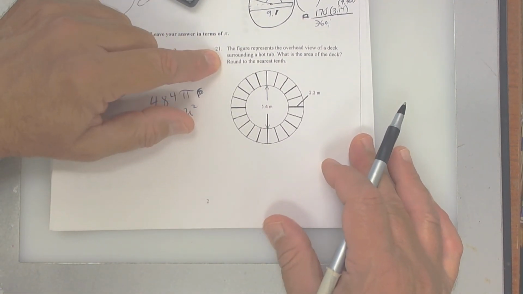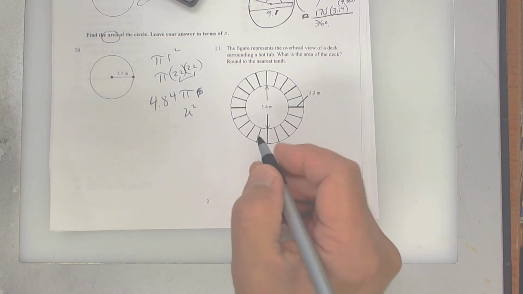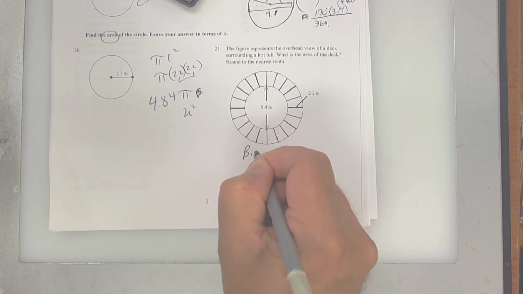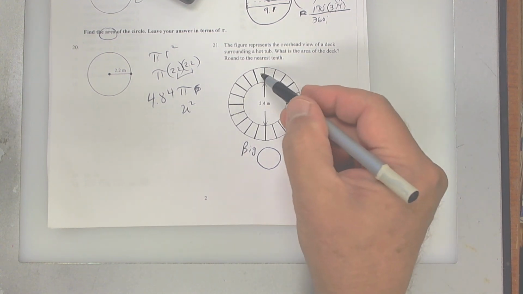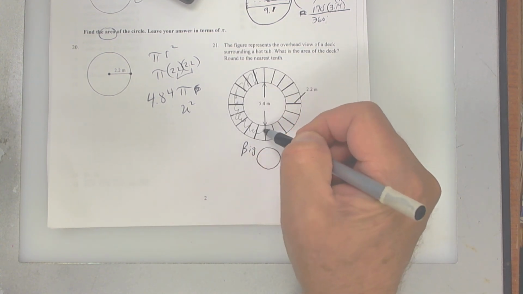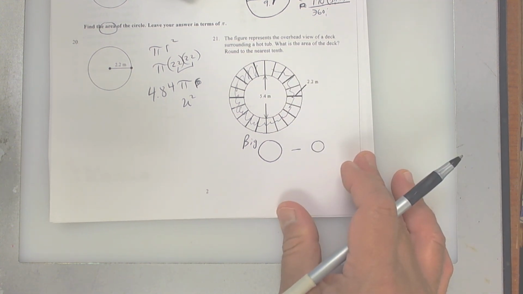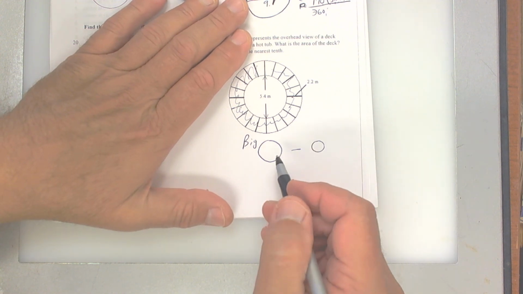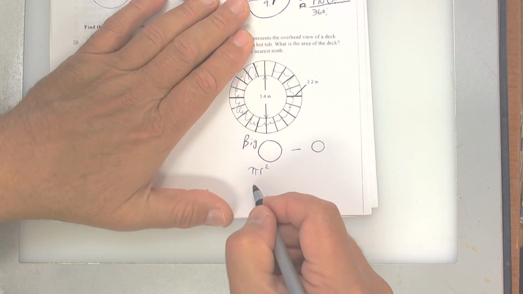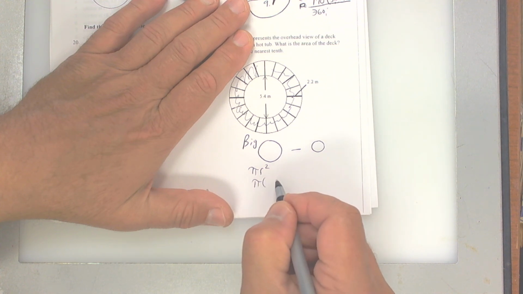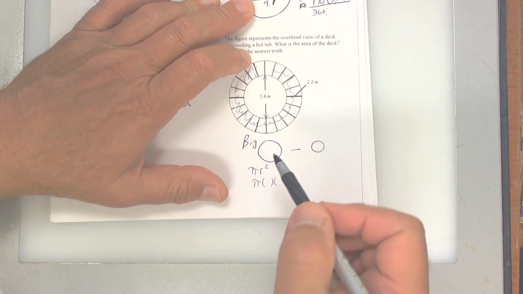Number 21, find the shaded region. The way you're going to do that is you're going to take the big circle minus the little circle, and that's going to give you the decking around this pool, okay, or the sidewalk. Anyway, so the big circle is going to be pi radius squared, okay? So pi, and the radius is going to be from here to here.